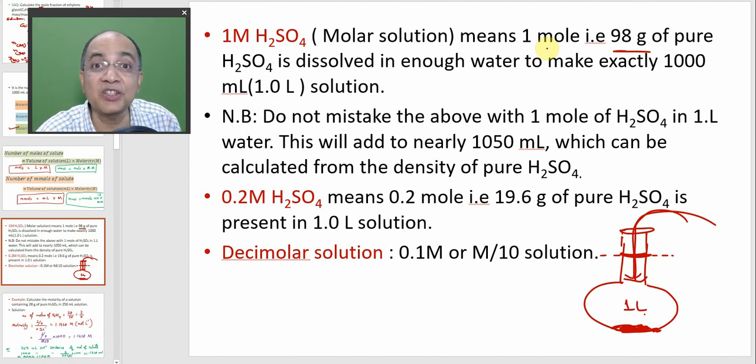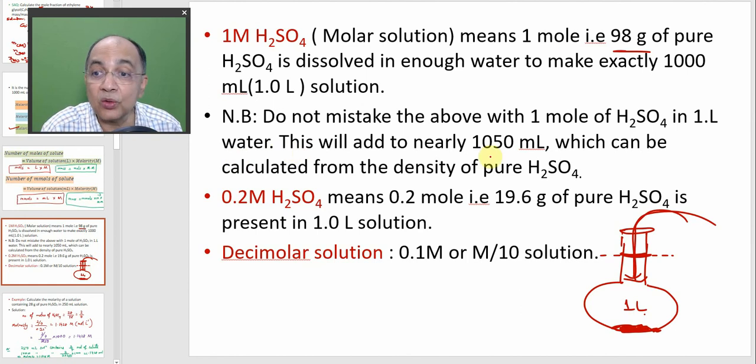But the definition says that how many number of moles of solute are present in 1 liter solution. Got it? Do not mistake the above with 1 mole of sulfuric acid in 1 liter water.